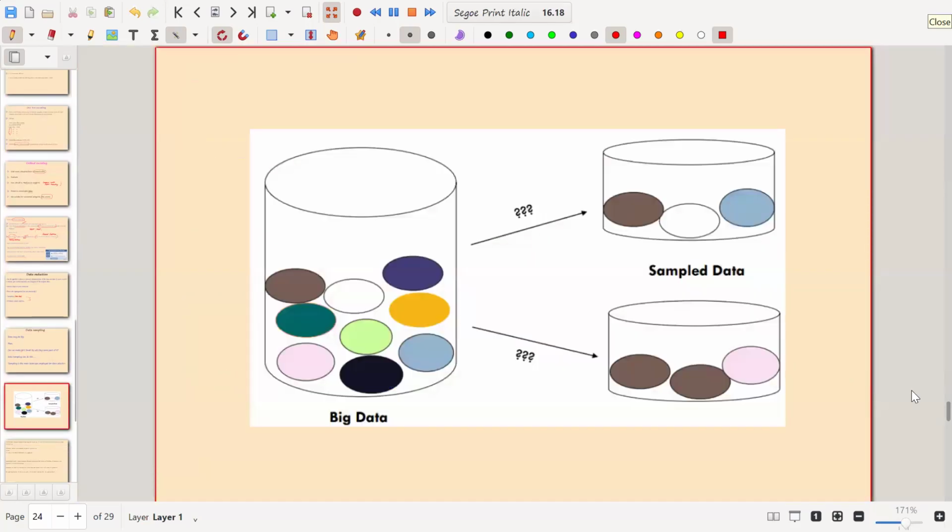You have the big data with different features, and different colors imply different features. The sample data is this: maybe you selected this and this, then two times this, then one of this, but you are missing out these values. So the question is, does the sample data represent the distribution of the original data? Unless that happens, it is not a good sampling technique.